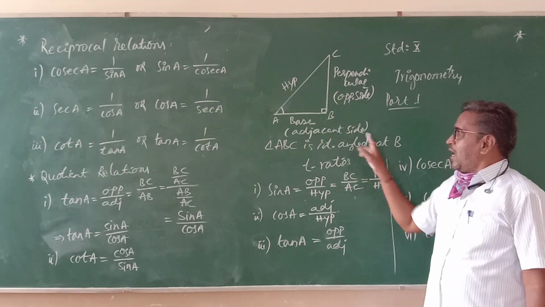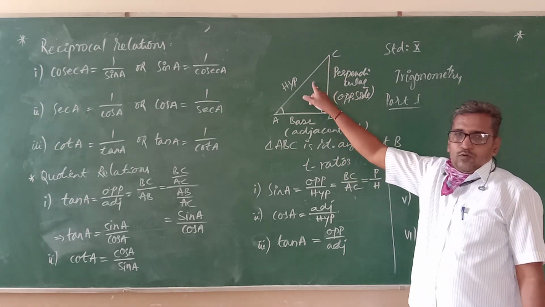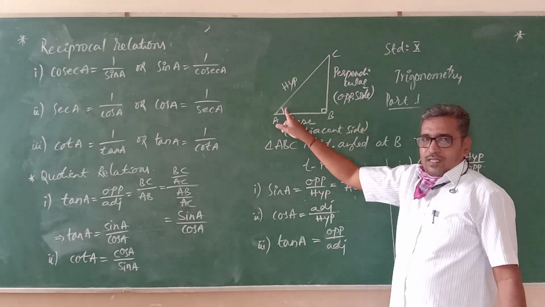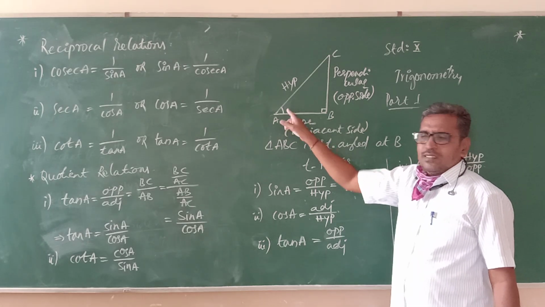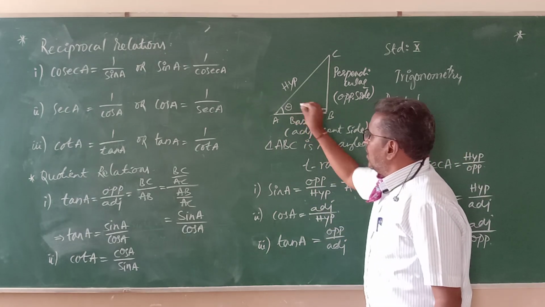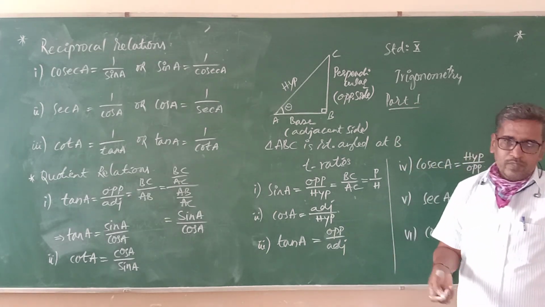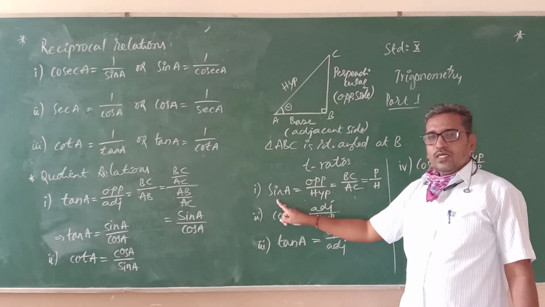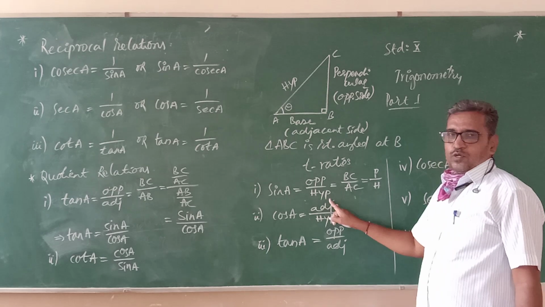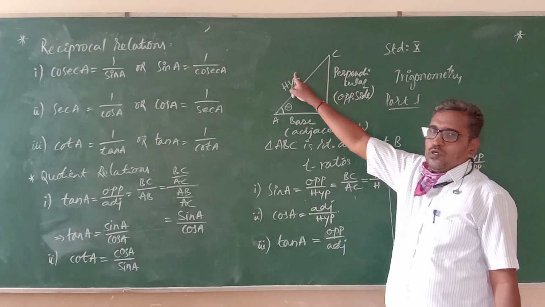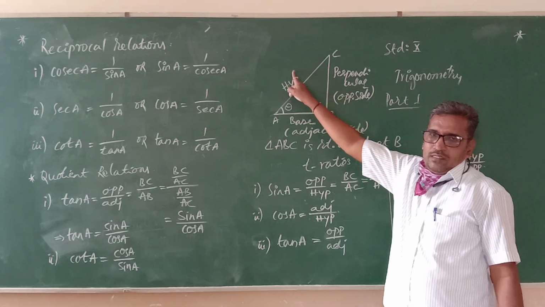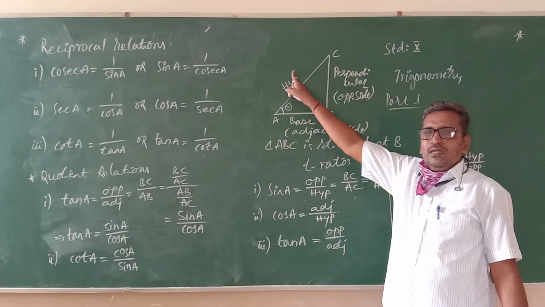Angle B is 90 degrees, angles A and C are acute angles. Whenever you consider angle A, sometimes you denote it by theta, so you can write sin theta. Sin A is equal to opposite by hypotenuse, or P by H.